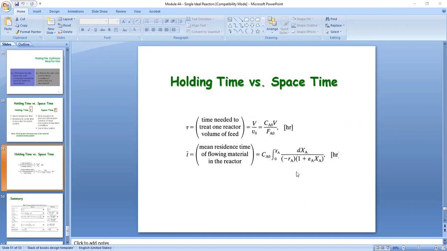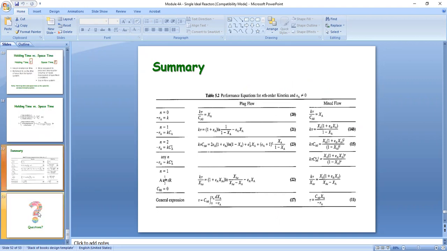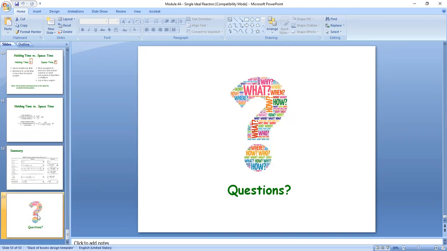Actually, what you have here is the performance equation for a batch reactor. Now, at the latter part of the slide, you have the summary of formulas which was taken also from our main reference book, which is that of Octave Levenspiel. So this ends the very simple discussion on reactor design for single reactors and single reaction systems.